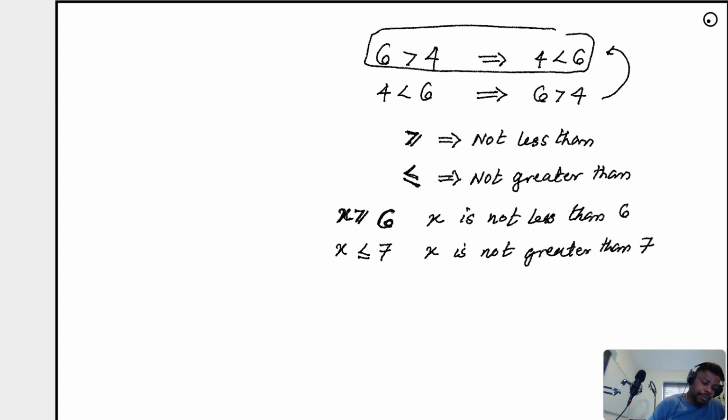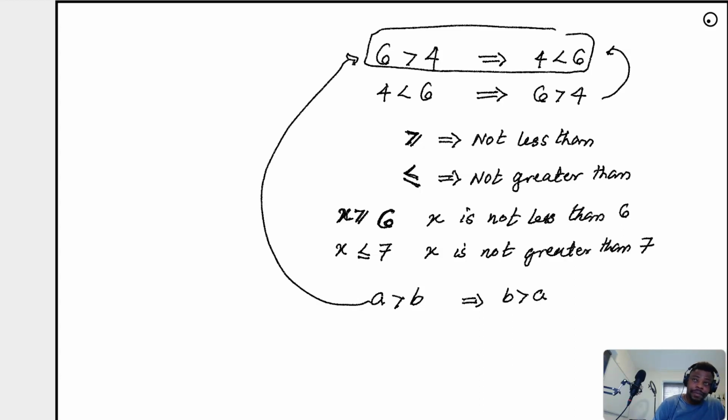Recall that if I have a greater than b, it also means b less than a, which is what you see here. If I say a minus b greater than 0, you already know that this will be minus b plus a greater than 0.